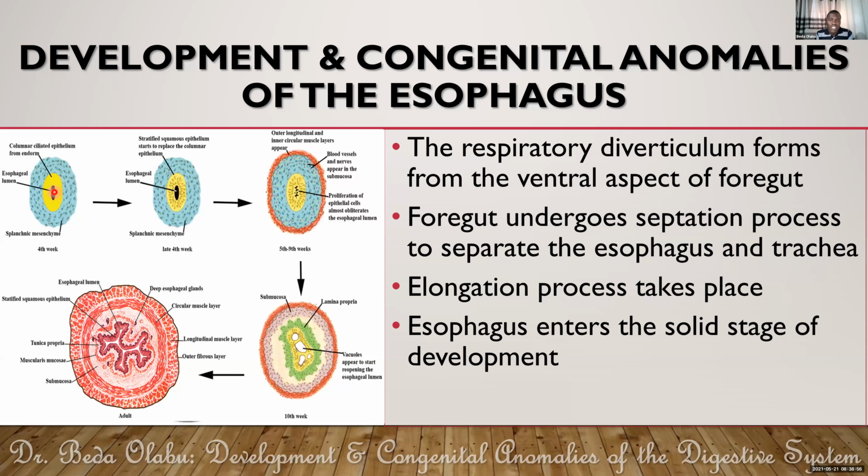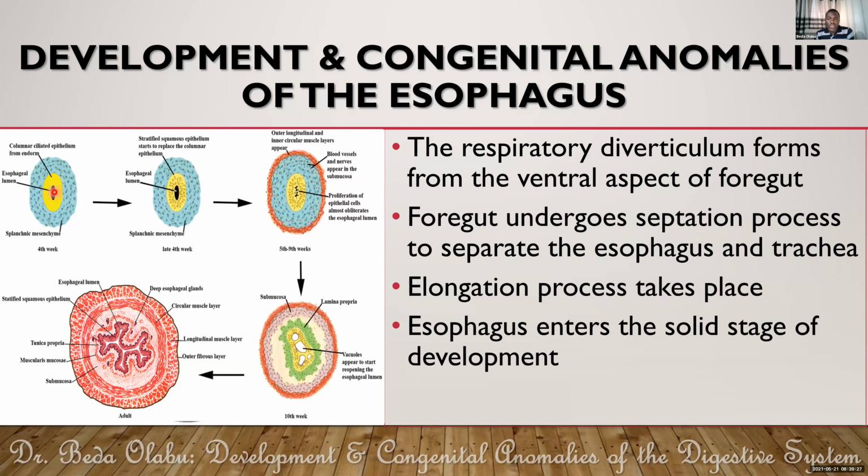That means that there's a time of development when the esophagus is just blocked. We call that the solid stage of development. It comes about because of faster proliferation of endodermal cells, and that leads to obliteration of the lumen of the esophagus.